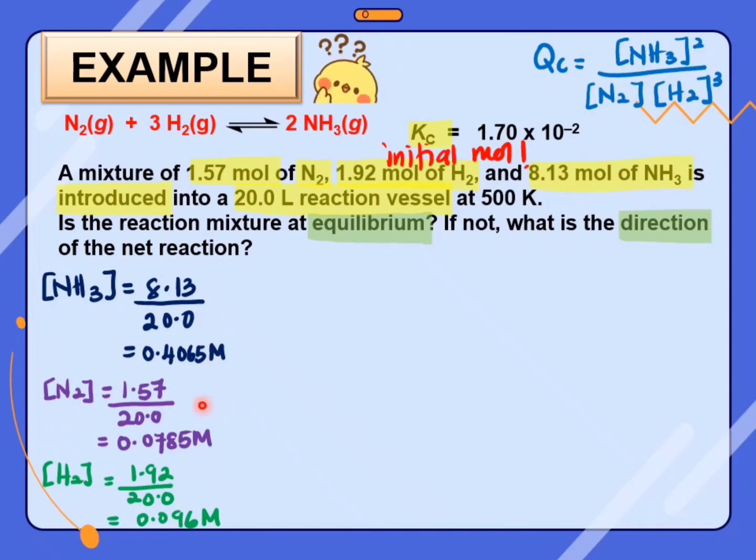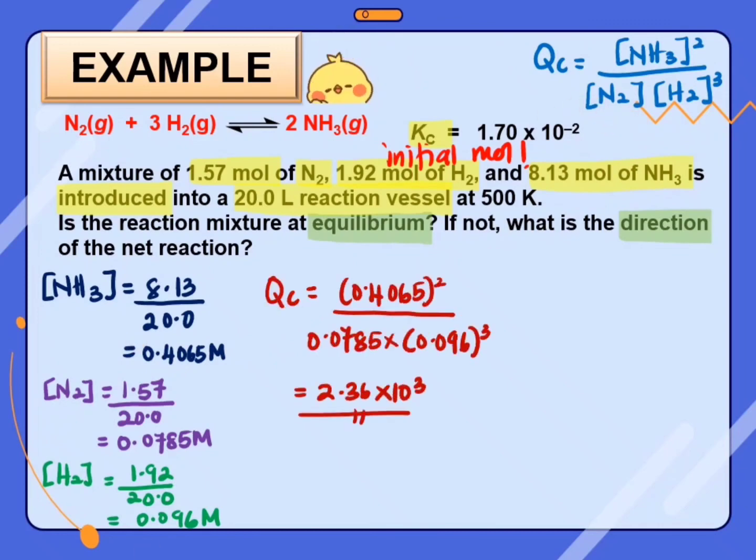Then we have the initial concentration for each reactant and product, so we can substitute all these values into this QC expression. This is the value of QC, 2.36 times 10 to the power of 3. And then we need to compare with KC.